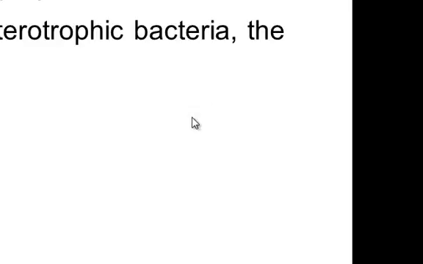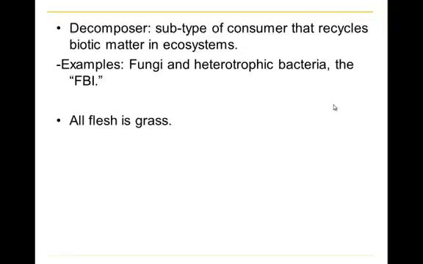I do want to share with you this concept, this idea of how these different categories of the biotic components of ecosystems fit together. And I want to do this by this quote. This quotation, all flesh is grass, actually appears in the Old Testament of the Bible. But if you think about what that says, all flesh is grass, think of it in terms of a deer eating grass and a mountain lion eating a deer.